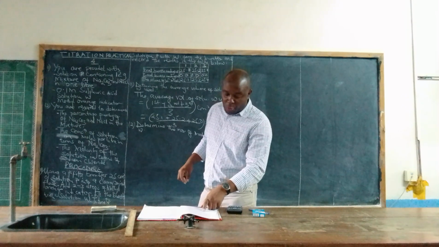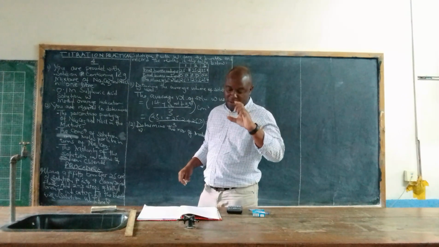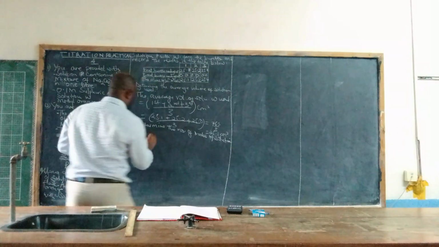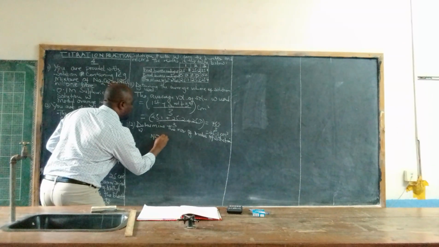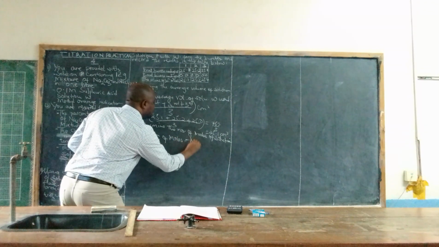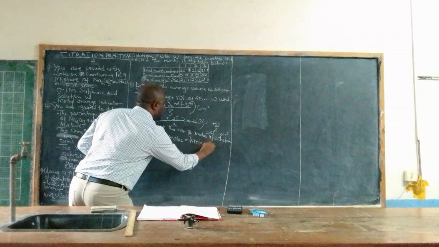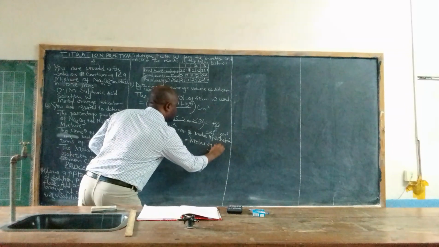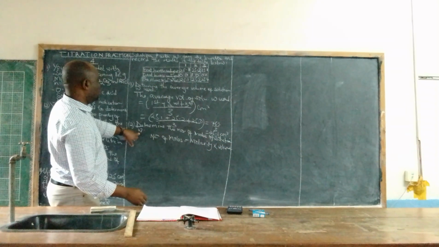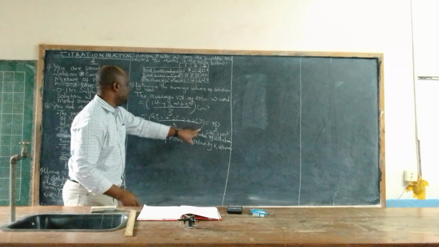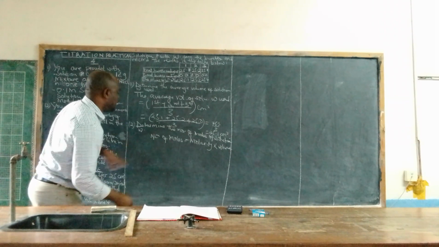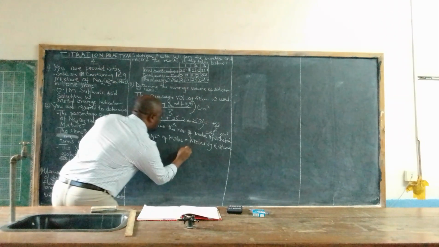We are going to equate this way. The number of moles is equal to molarity times volume. Remember, our solution W is here, and we have this average volume. So the number of moles is equal to, we substitute here.